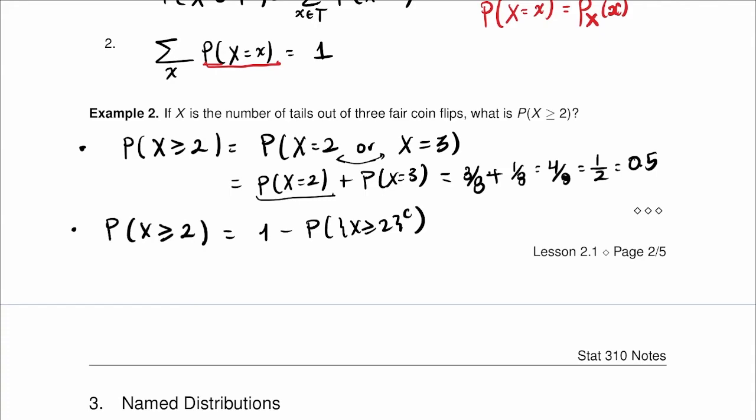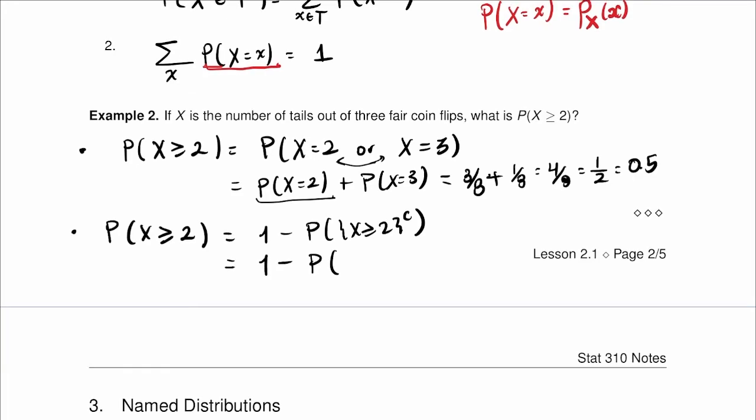If we have x over here and we have the number 2, we are considering the numbers that are greater than or equal to 2. The complement is going to be the numbers that are less than 2, not including the number 2, because the number 2 is in this event. So the complement is the probability of X less than 2.